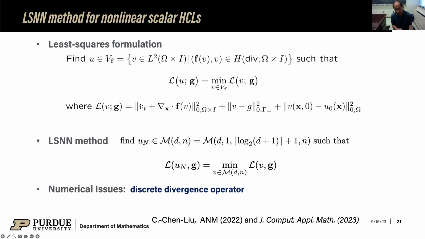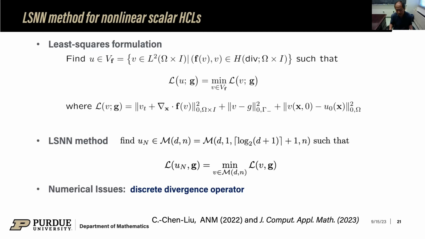We do not mean this is a partial derivative with respect to t, or a divergence with respect to the space variable. Particularly when my solution is not smooth, as you can see, if my v is discontinuous, then the partial derivative with respect to t does not have a meaning. So that's the reason we have to talk about some discrete differential operators.